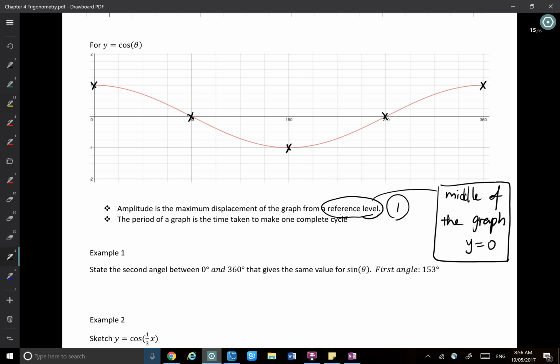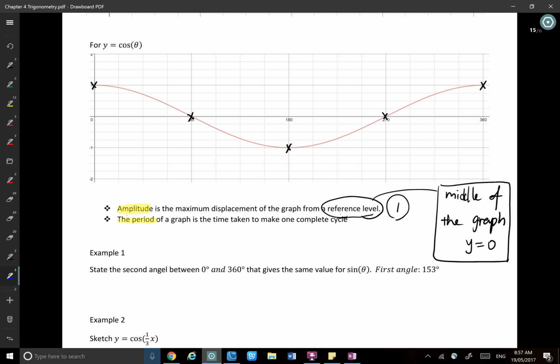Okay, the period of a graph. The first thing we talked about is amplitude. The second thing we will talk about is the period. The period of the graph is the time taken to make one complete cycle. After a complete cycle, everything will repeat. So what period do you think you have for the sine or cosine graph?